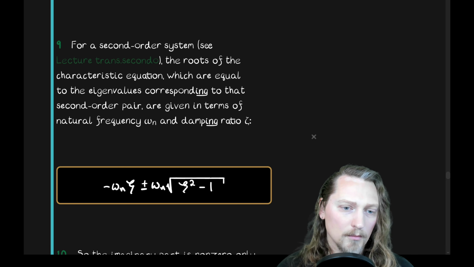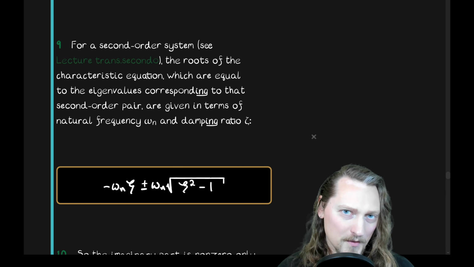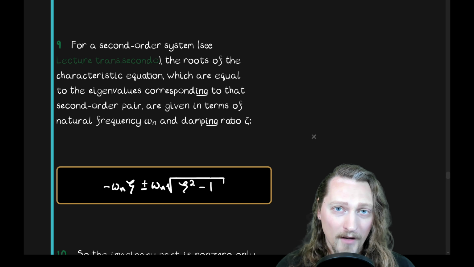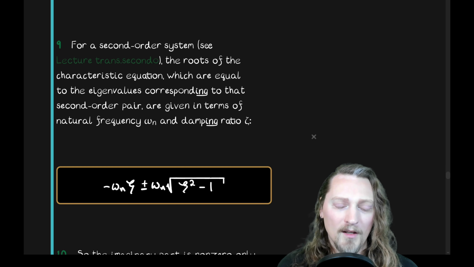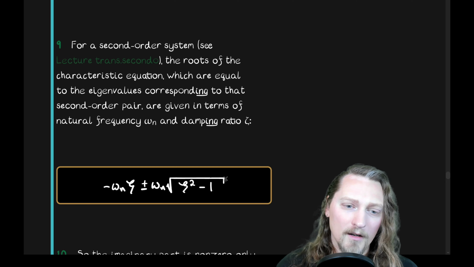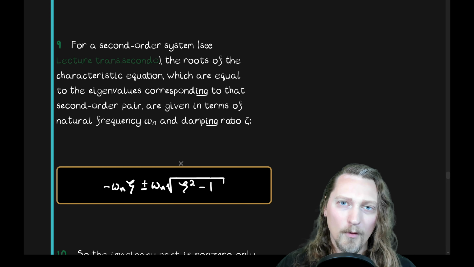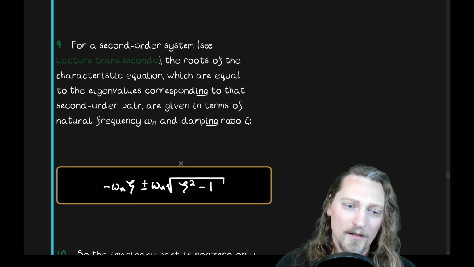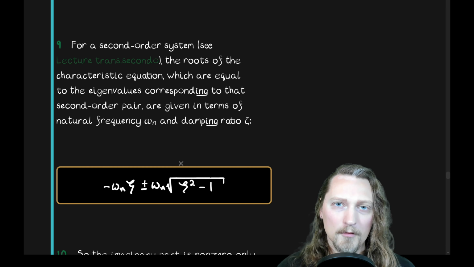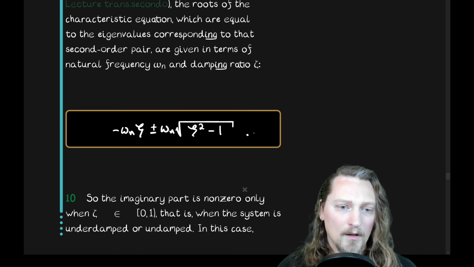So the roots of the second order system's characteristic equation, or the pair of eigenvalues that describe a second order subsystem in this case, are in this form. And from this form, we can identify the natural frequency and damping ratio for a given set of eigenvalues.